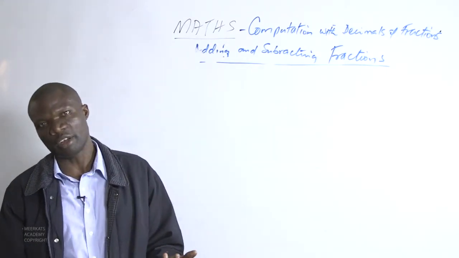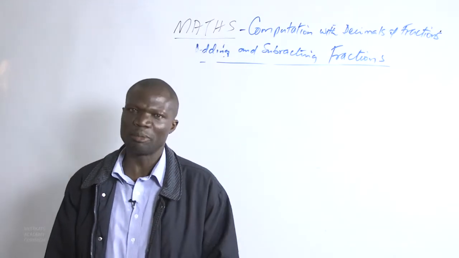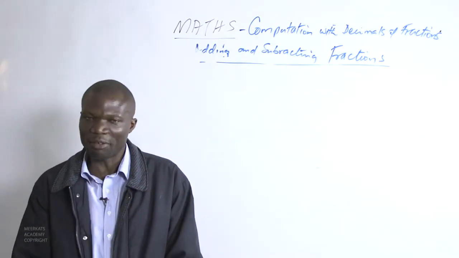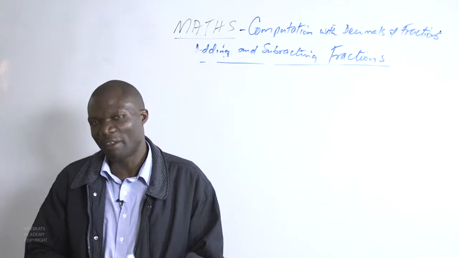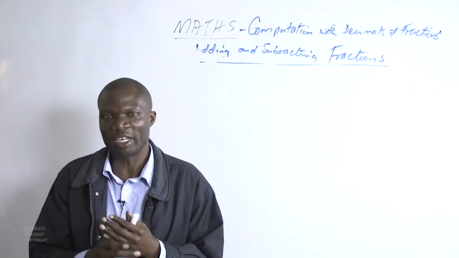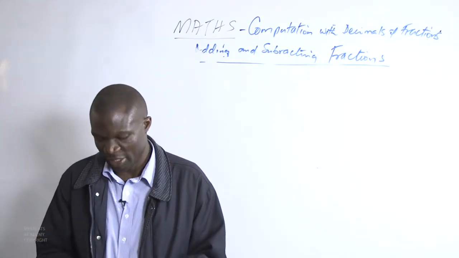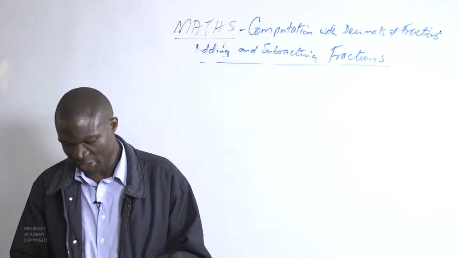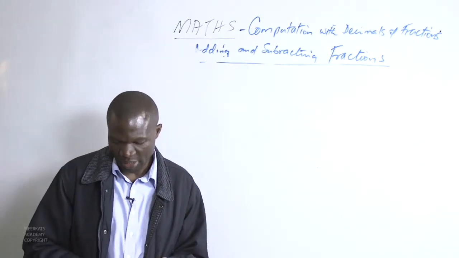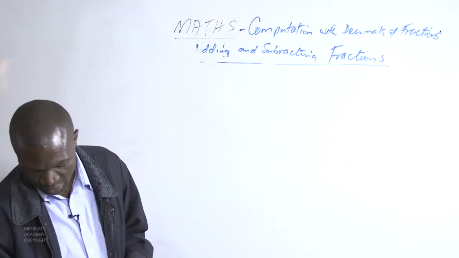As we saw earlier on, it is very simple to add fractions that have the same denominator, but it becomes cumbersome when you are adding fractions with different denominators. Why that is so, we are going to look at in this particular lesson.